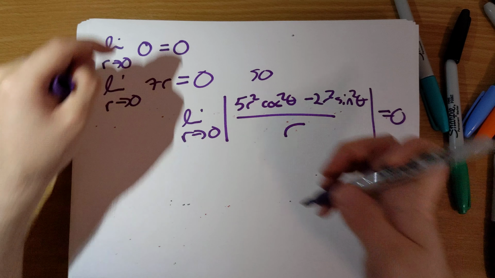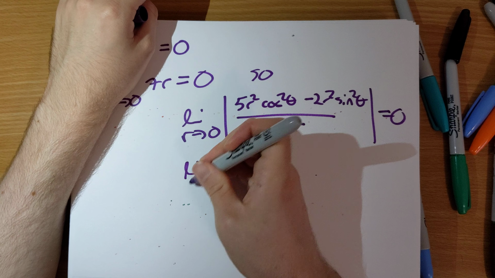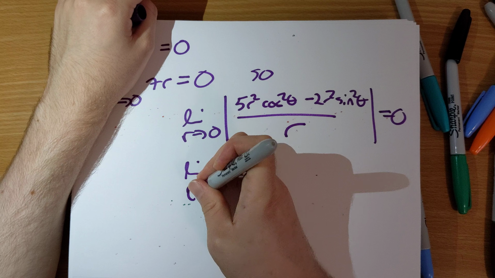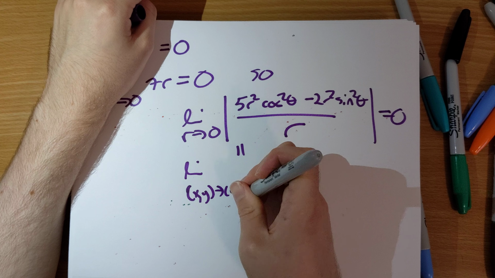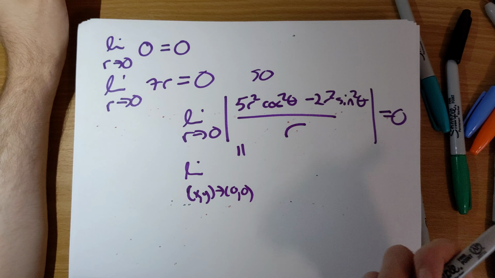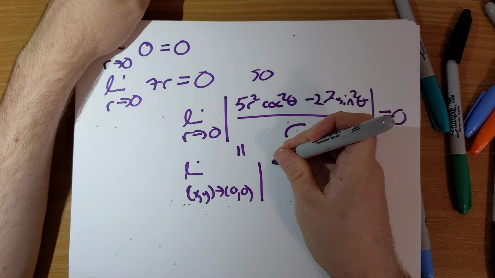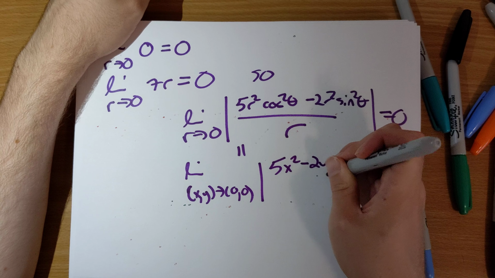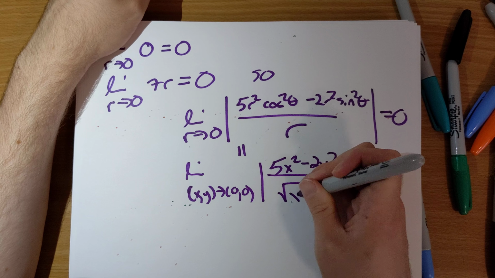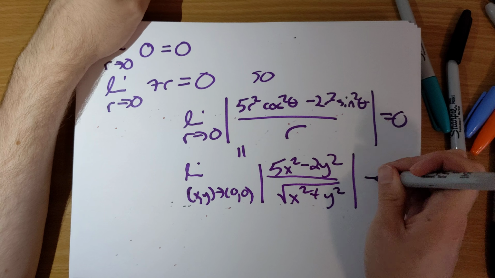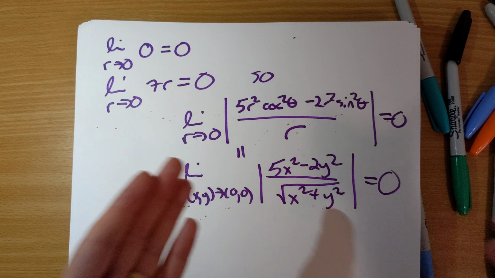But this is just the limit as (x, y) goes to (0, 0), converting back to x, y, of the absolute value of 5x squared minus 2y squared over the square root of x squared plus y squared. This limit must equal 0.